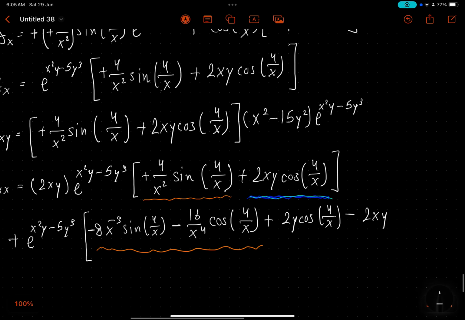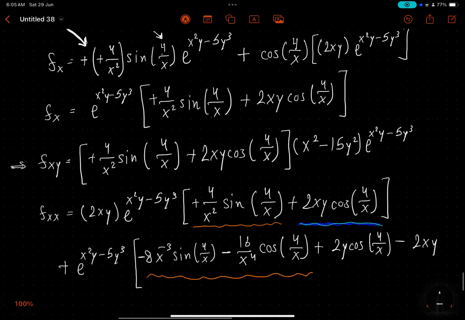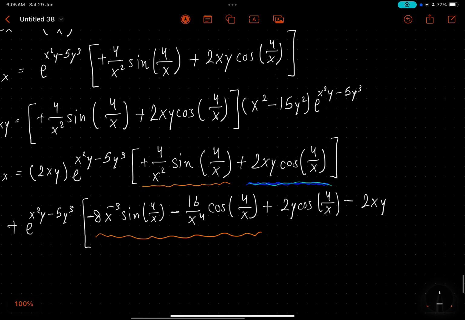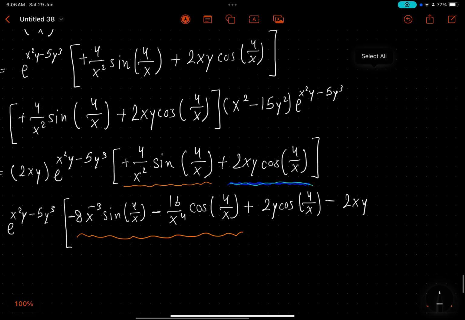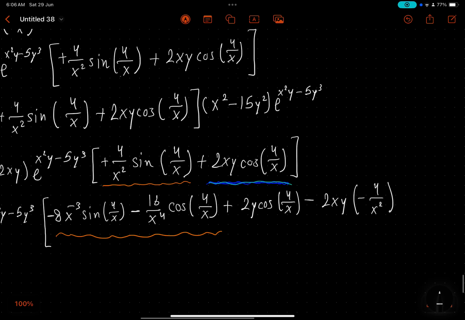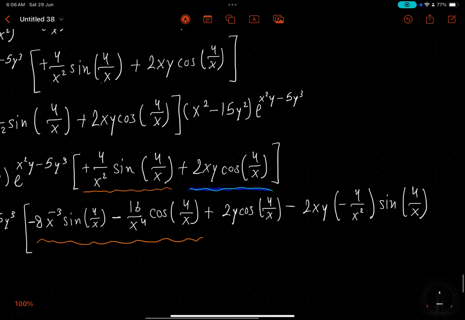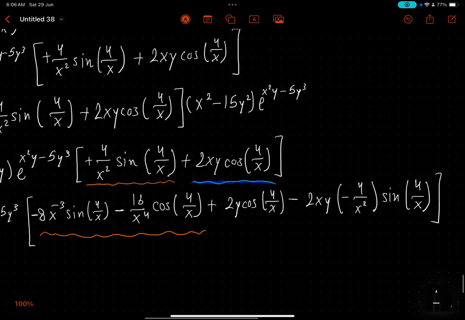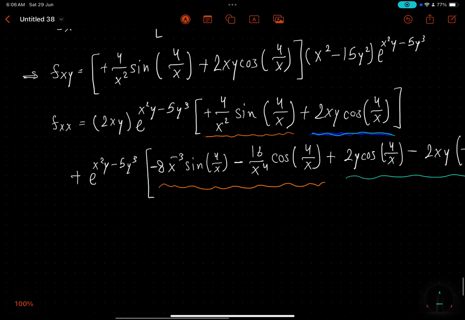And then for the second part, it's just the same. So that was basically the issue here. When you get this minus sign, we then do the same thing, minus 4 over x squared sine 4 over x. This is a bit of a complicated problem, but now we found this function.